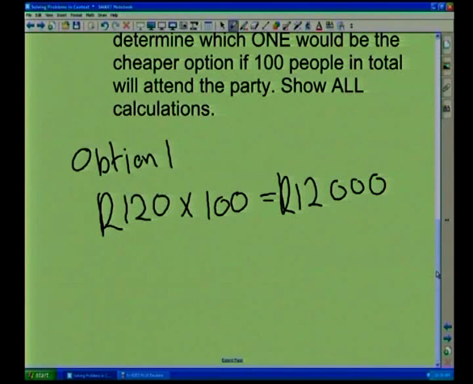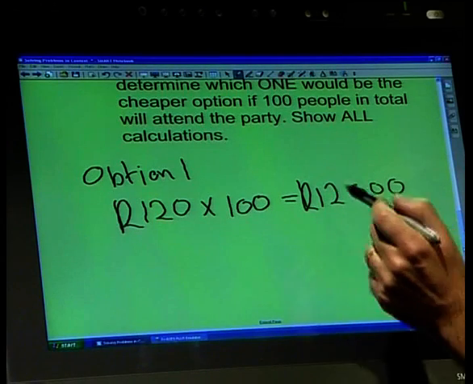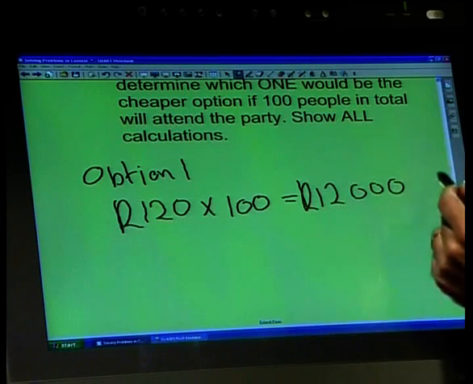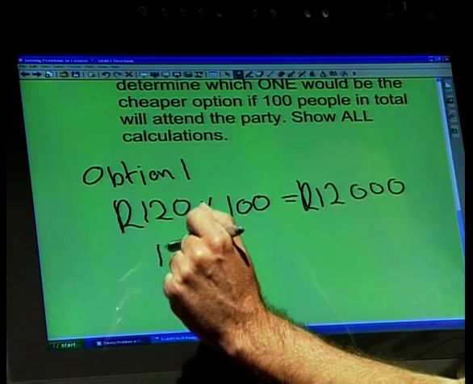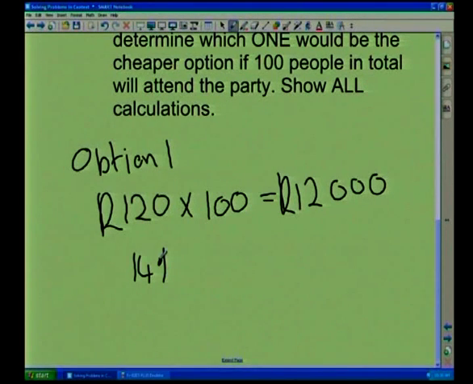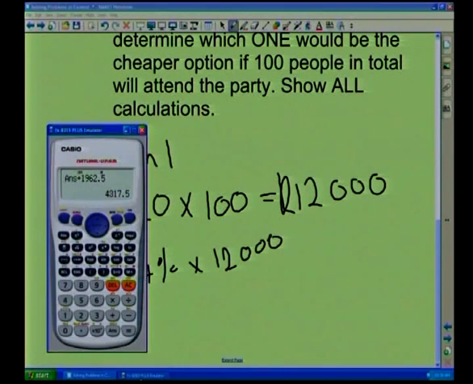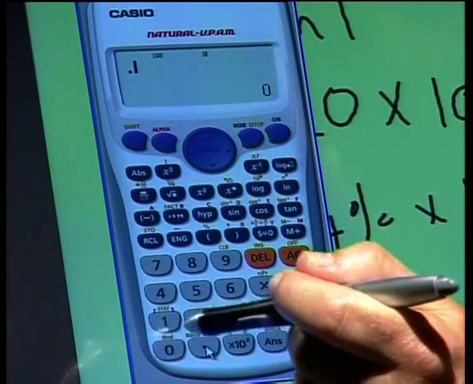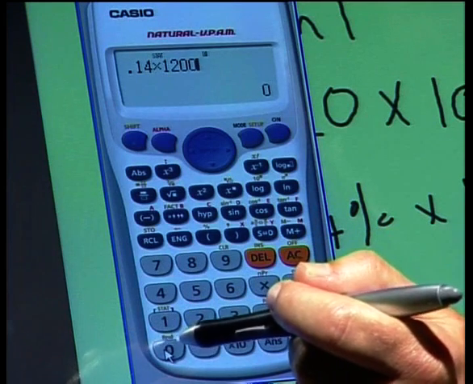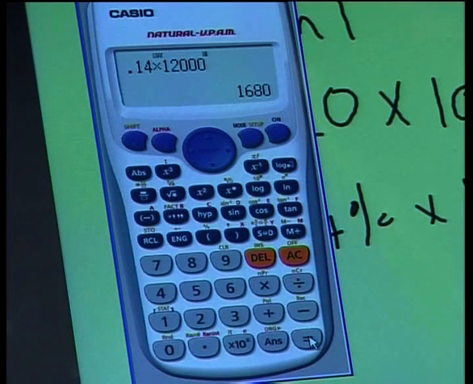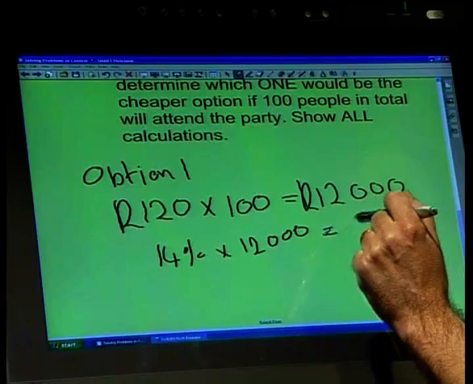Now let me show you a little trick today to help you with something like adding on VAT. Obviously, this means I've got to find 14% of this value. Now, 14% means I've got to take 14%, multiply it by 12,000. We can do that on the calculator quickly, and we get 0.14 times 12,000. It's 1,680.